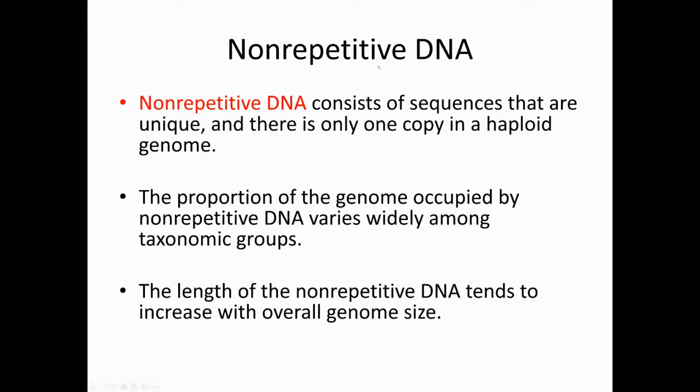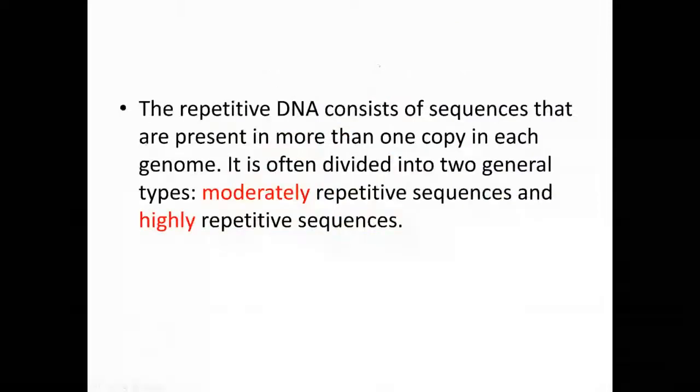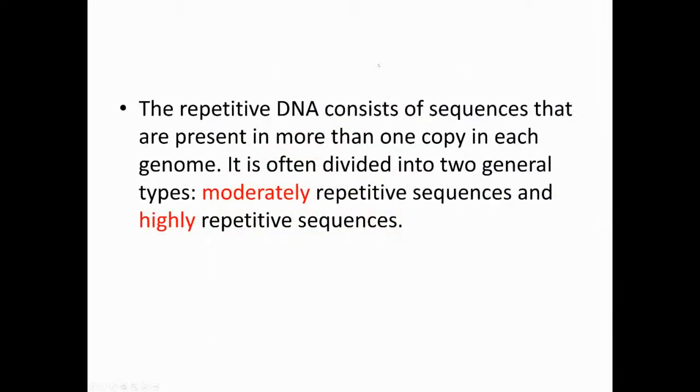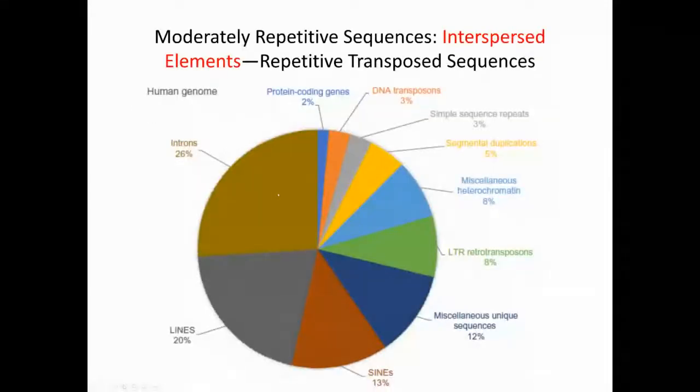So that's non-repetitive DNA. Then for the repetitive DNA, we have sequences present in more than one copy in each genome. We divide these into two different types: moderately repetitive sequences and highly repetitive sequences.